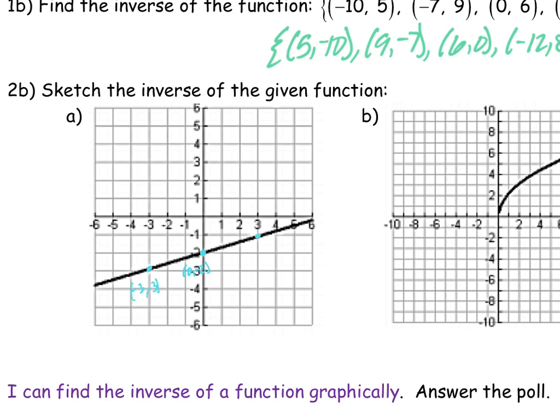And this one is (3, -1). Then I'm going to flip them just like I did here. So (-3, -3) switches to (-3, -3), that one stays in the same spot. (0, -2) goes to (-2, 0), which is here. And (3, -1) goes to (-1, 3).